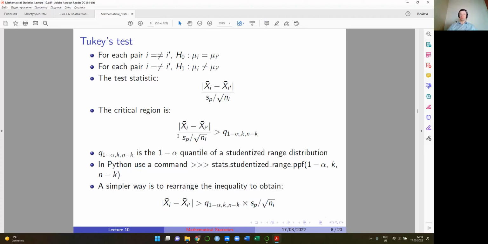So you can use either, but usually for practical purposes the second inequality is simpler because, as I said, you need to compare the difference in sample means with a given number.